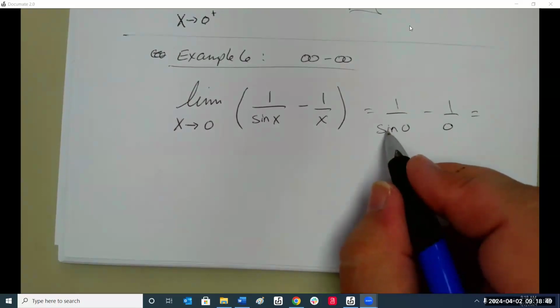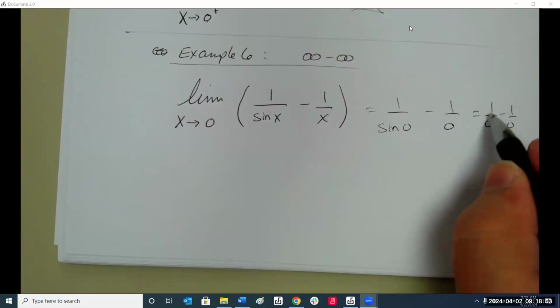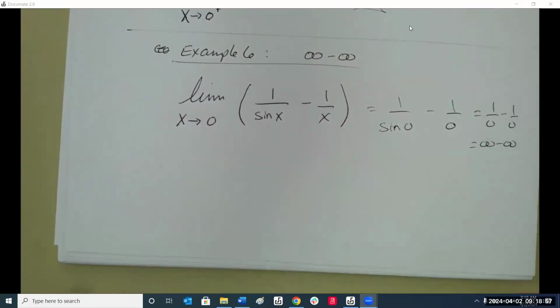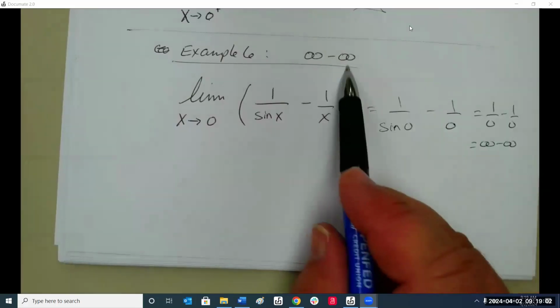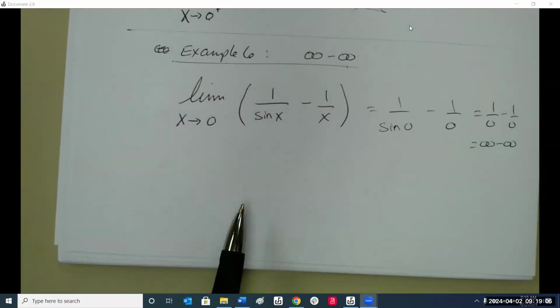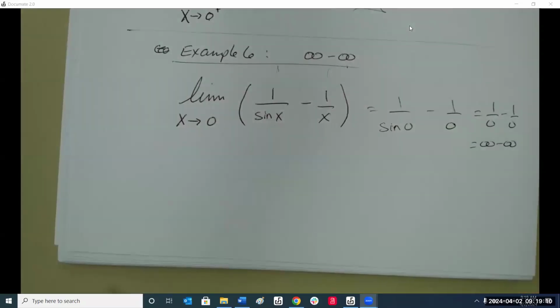Sine of 0 is 0, and 1 over 0 is infinity. So it's infinity minus infinity. Because it has that case, we can use L'Hopital's rule. We take the derivative of both of these separately and see what we get. So go ahead.